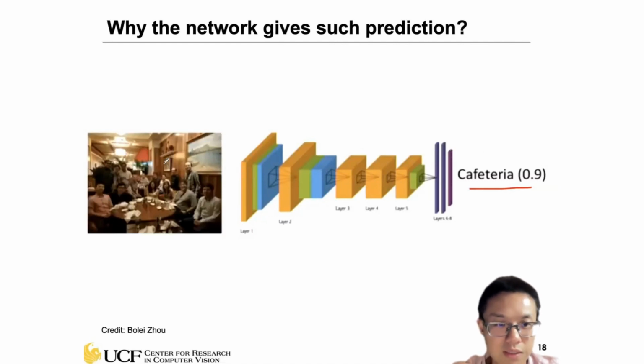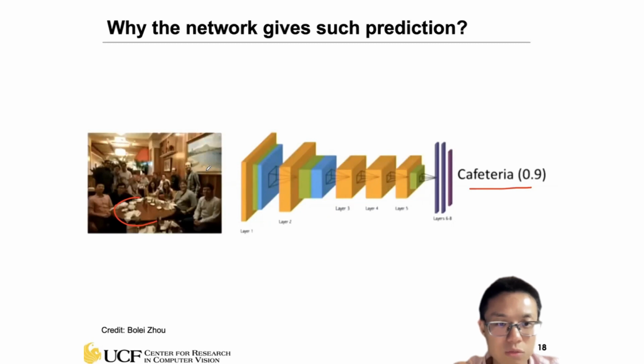As a human, if we examine this image, we can tell this is a cafeteria or restaurant by trying to find some informative attributes in this image. Maybe we pay attention to cafeteria-like features: there's a table, maybe some plates or utensils, or people sitting around eating dishes, etc. So these are the pieces of information a human would look for to make a decision.